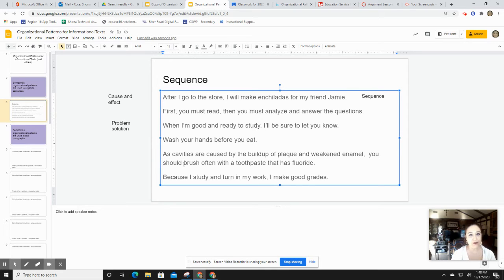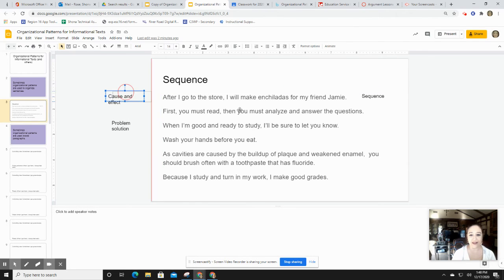But it also is a cause and effect structure because this cause right here, the buildup of plaque, causes a weakened enamel. And as an effect, you should brush often so that you can get rid of the buildup of plaque that would weaken your enamel. Here's one that is also an indication. So I'm going to put this little cause and effect over here real quickly.